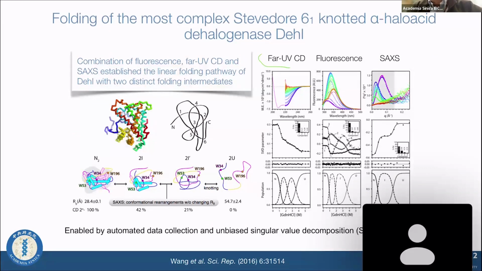We combine far UV-CD, intrinsic fluorescence, small angle X-ray scattering. And to analyze them globally, we discovered that this protein has 2 folding intermediates that have different spectral signatures or SAXS signatures, and then eventually becomes fully unfolded in the denatured state.